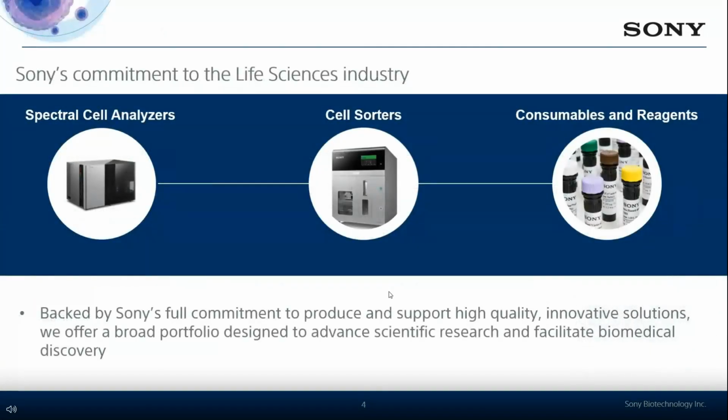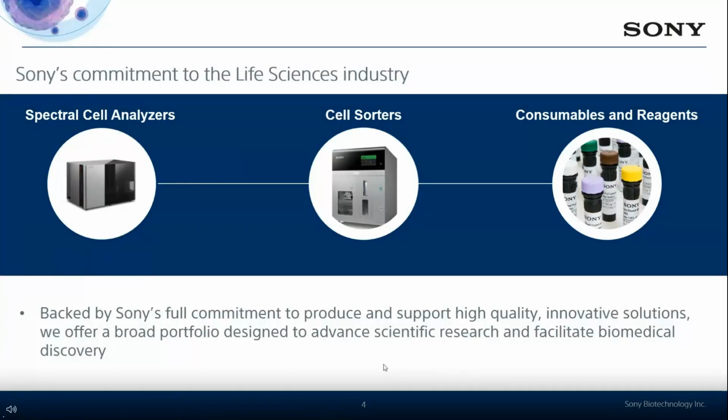Sony has been working in the life science industry since 2011. We produce a variety of cytometry instrumentation for research and development, for discovery, and now for working in the GMP space. This includes our line of spectral cell analyzers, including the SA3800 and ID7000. For research and development and isolation of specific cells, we make several different cell sorters.